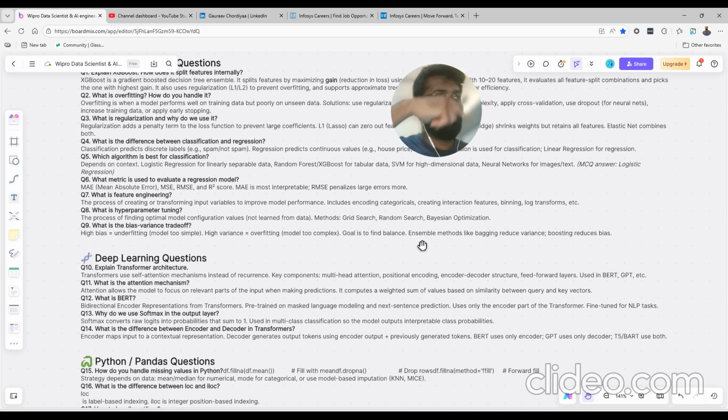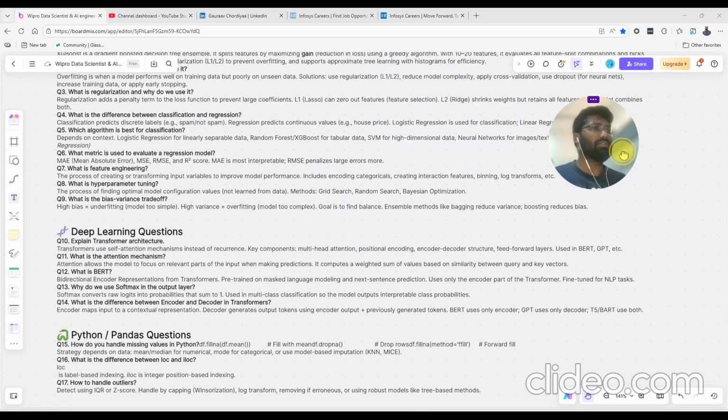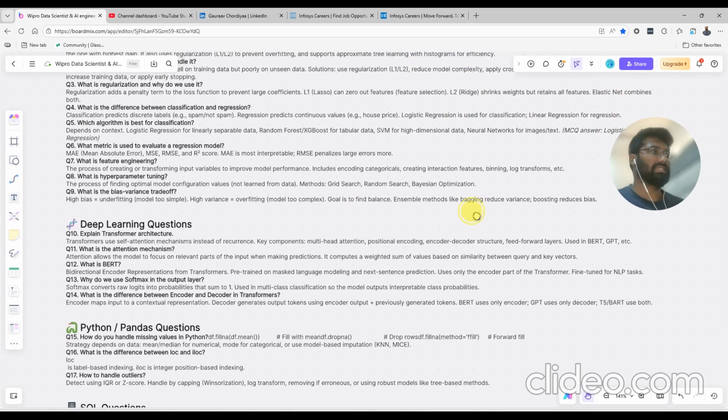For example, lowering the bias as well as the variance gives the optimum point where we get the balance. Ensemble methods like bagging reduce the variance and boosting reduces the bias. That is why XGBoost is one of the best models, we can say that.